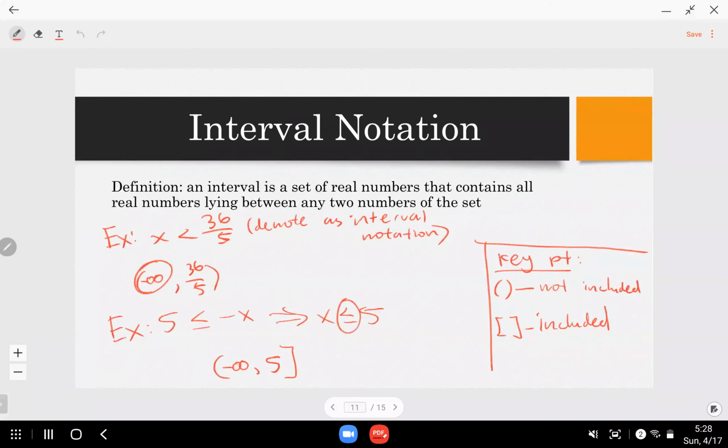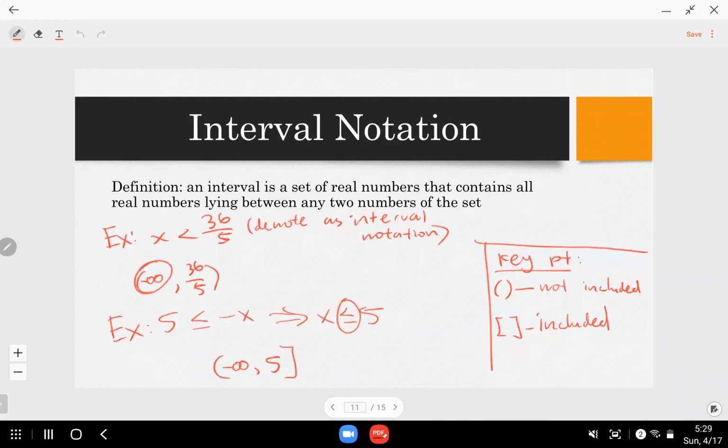No, negative infinity is not included because you can't include it. Negative infinity is quite intangible, quite abstract, so it's not included.